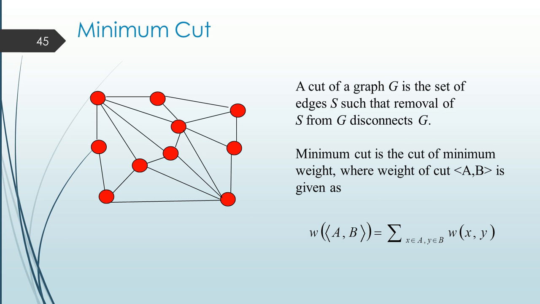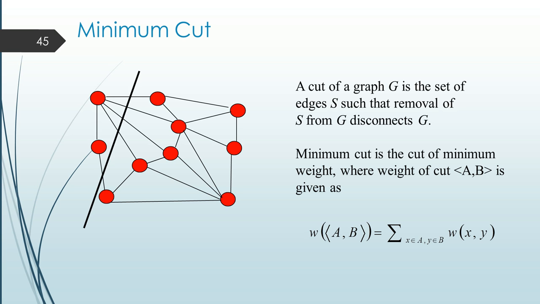So now, the cut of the graph, this is the actual algorithm that we're going to perform. How do we cut the different groups of pixels? A cut of the graph is basically the set of connections such that the removal of these connections disconnects two sets of elements.